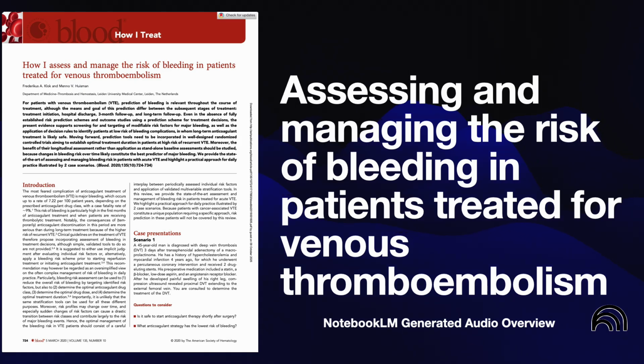So we're weighing the clot coming back versus the bleeding risk of staying on treatment. Exactly. We need to figure out if the initial VTE was provoked by something temporary, like that surgery in our earlier example, or if it was unprovoked, suggesting the patient might have an underlying tendency to clot and could benefit from longer treatment. So in which situation does the bleeding risk assessment really come back to the forefront?